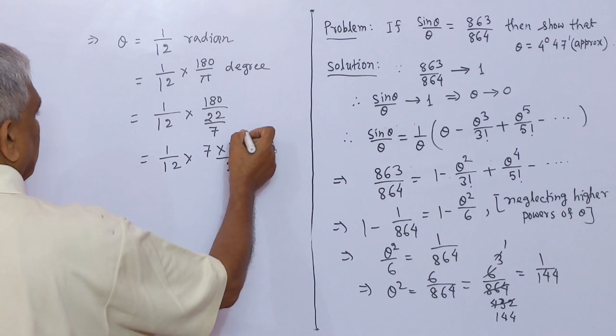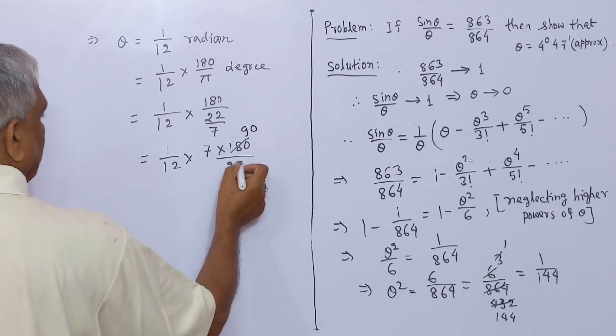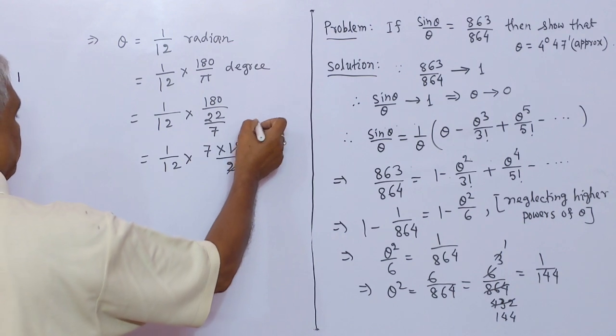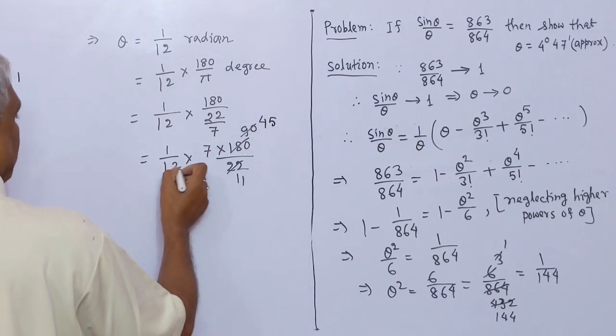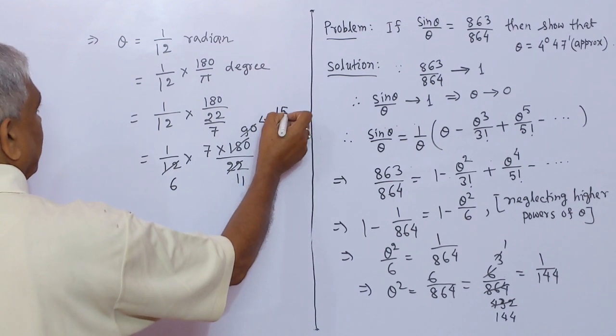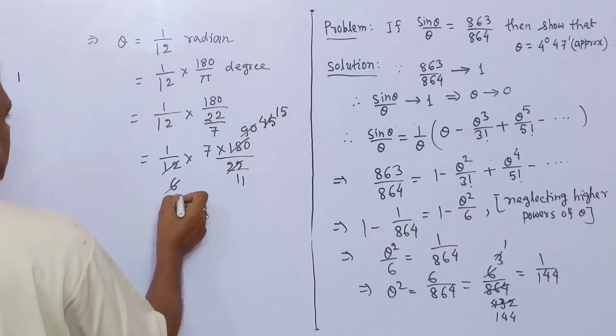This is 90, 11, and this is 45, here 6, here 15, here 2.